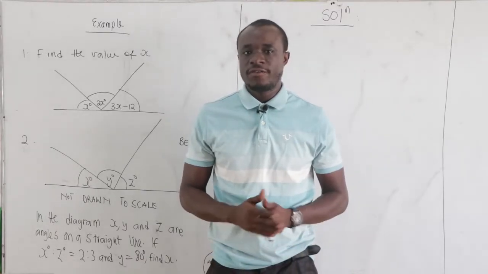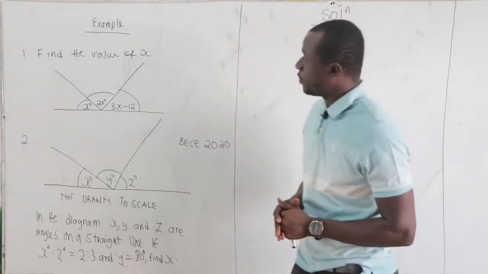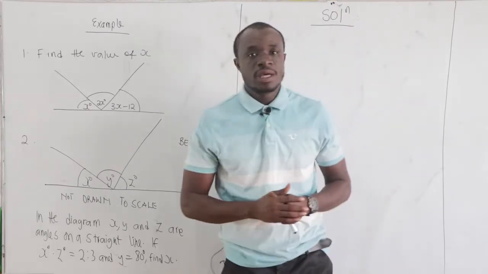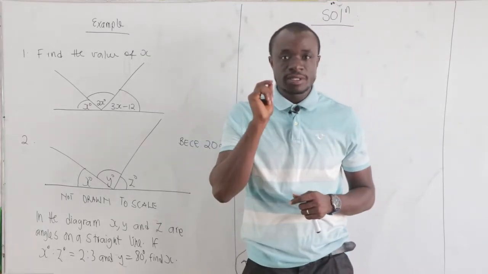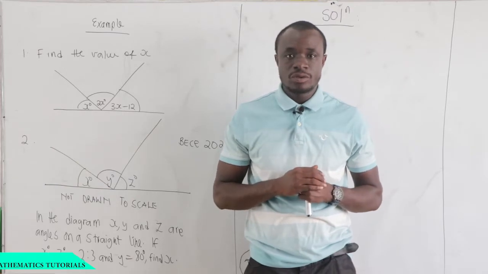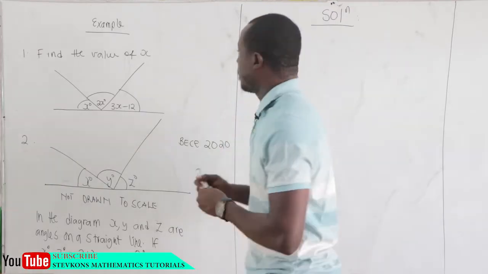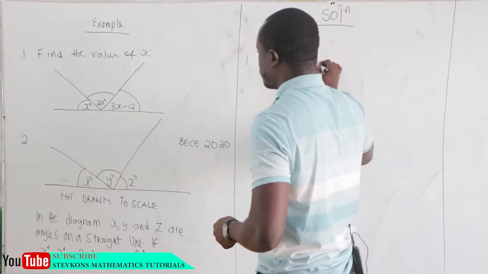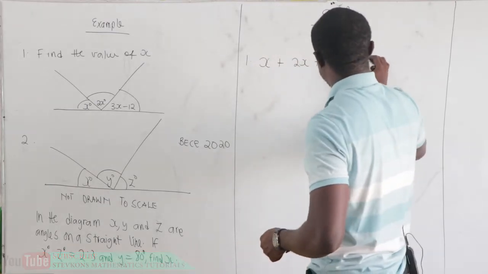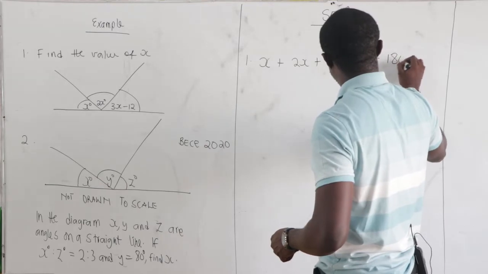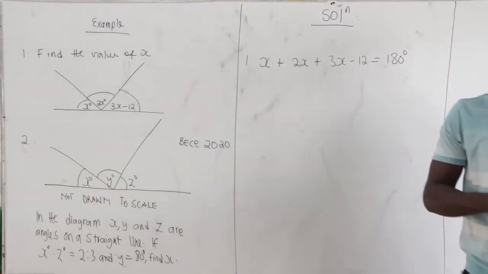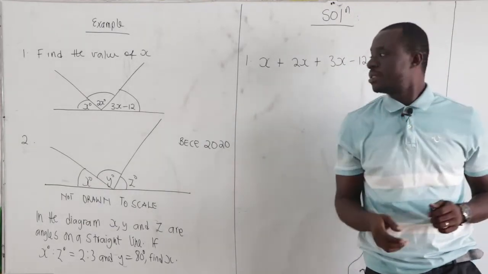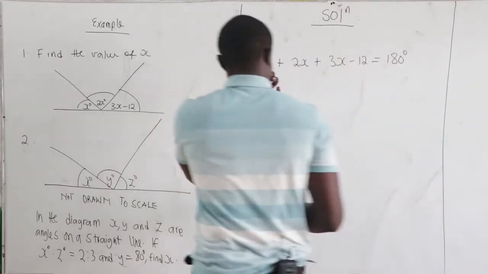Now let's consider the following examples. The first one says find the value of x. Now we know that the sum of angles on a straight line at a point is equal to 180 degrees. Hence, we have x plus 2x plus 3x minus 12 equal to 180 degrees. Why? The sum of angles at a point is equal to 180 degrees.